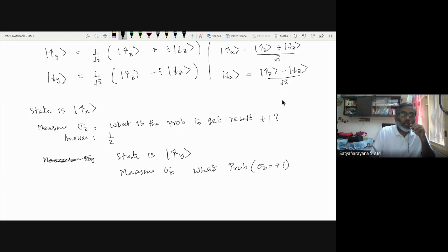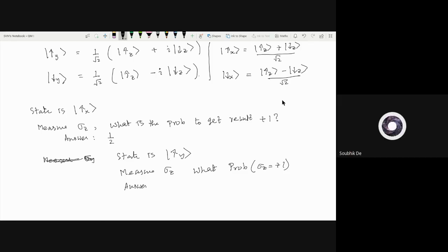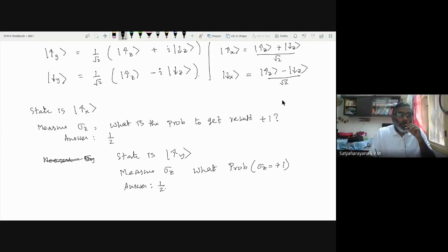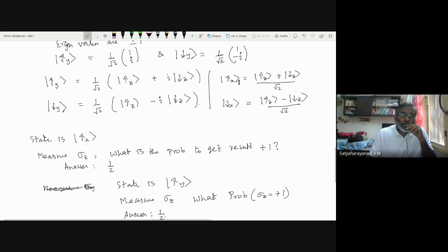What is the probability in this case? Half. Here also it is half. So now you see that the probability of getting plus 1 or minus 1 is half, half, whether the state is up x or up y. So we cannot distinguish these two states.